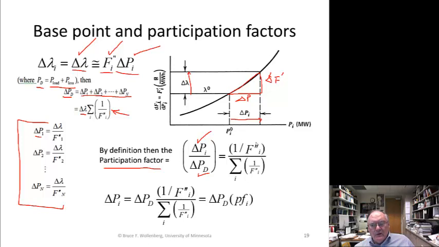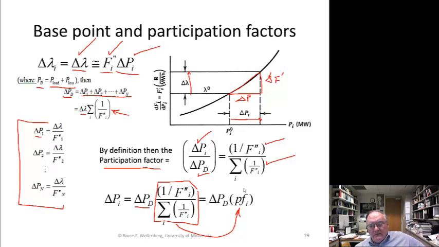So I take the 1 over f double prime for the I generator, and then I take the sum, and that's this participation factor. The participation factor is this 1 over f double prime divided by the sum of all the 1 over f double primes, multiplied by delta PD. So that is what we call PF, or participation factor.